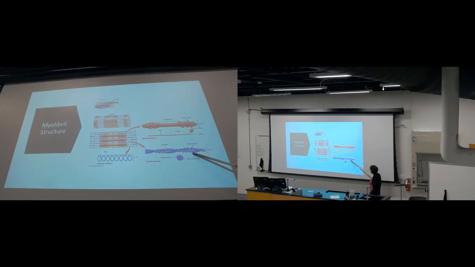They form a polymer, and this polymer forms a double helix that is held together by this tropomyosin. And then tropomyosin is kept in place by troponin, which is a small protein that has 3 subunits. One of these subunits binds calcium.